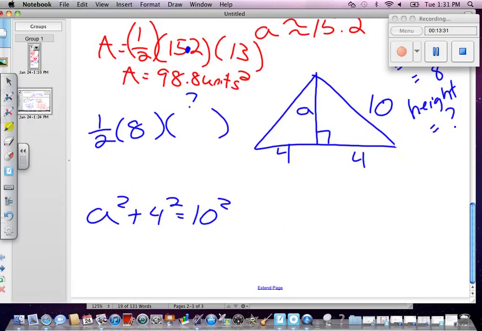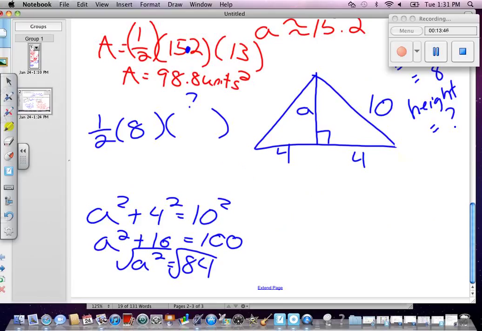So I do A squared plus 4 squared equals 10 squared. A squared plus 16 equals 100. A squared equals 84. Square root both sides, and you get A is approximately 9.1.